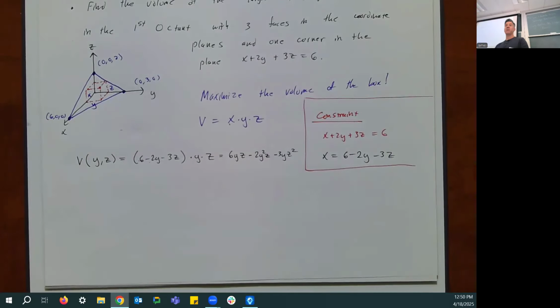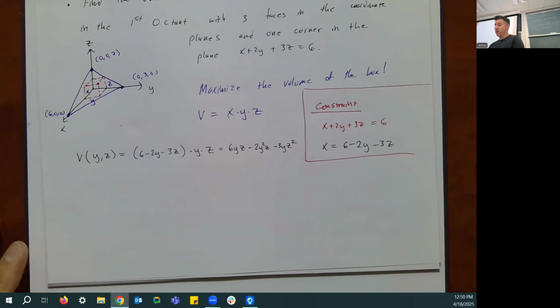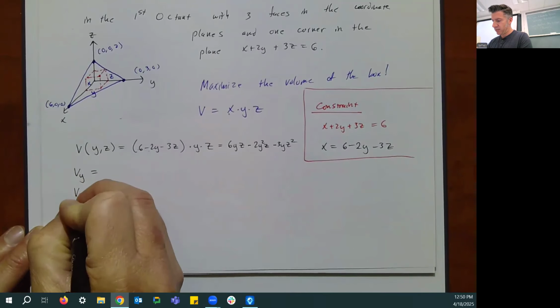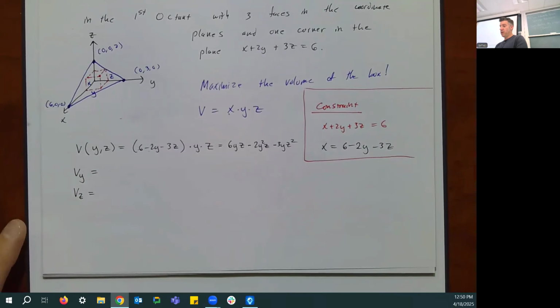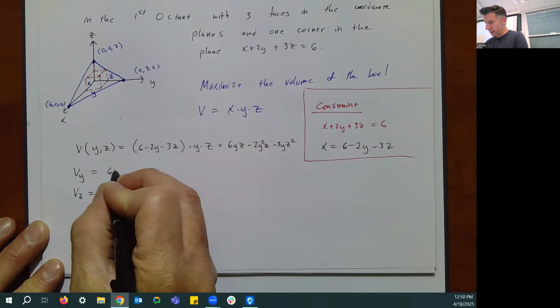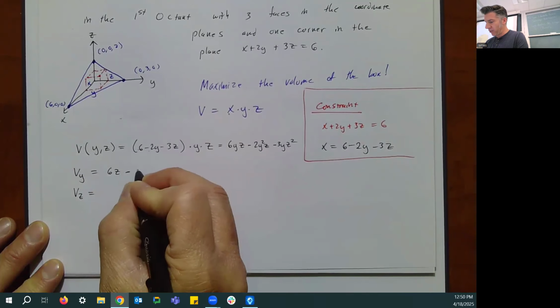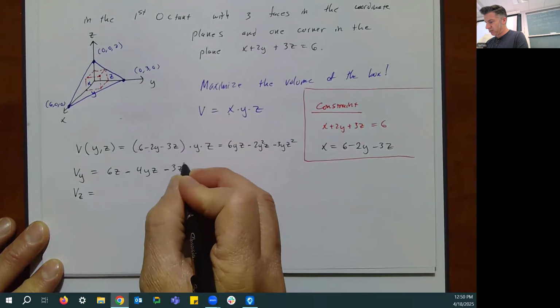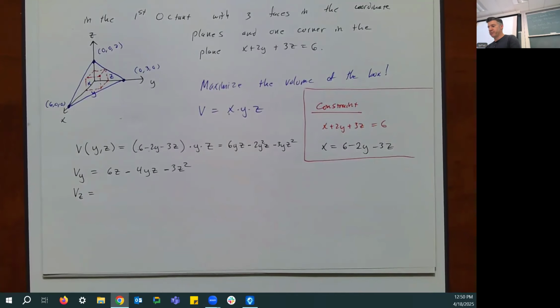And now we're ready to take some partial derivatives. Specifically, the partial with respect to y and the partial with respect to z. So our first partial derivative here is going to be 6z minus 4y times z minus 3 times z squared. Not looking great.